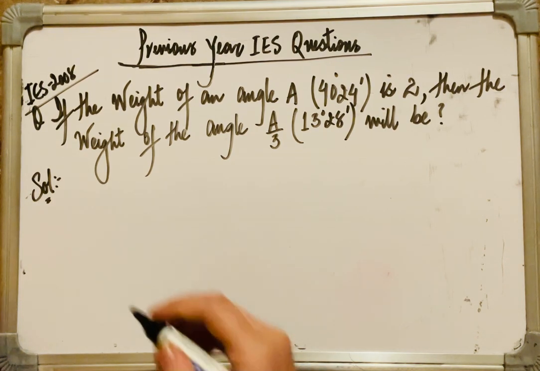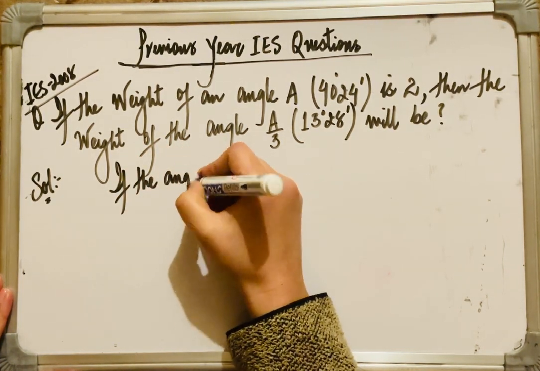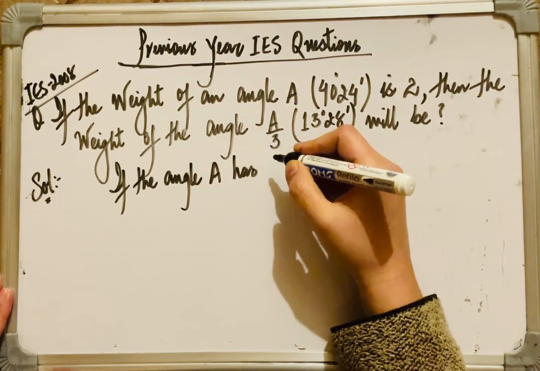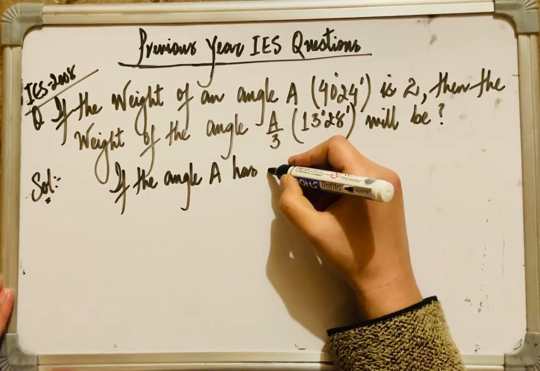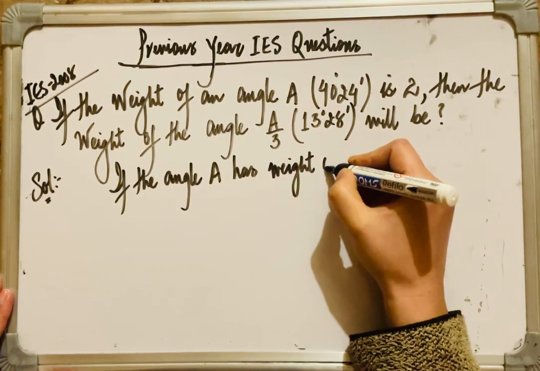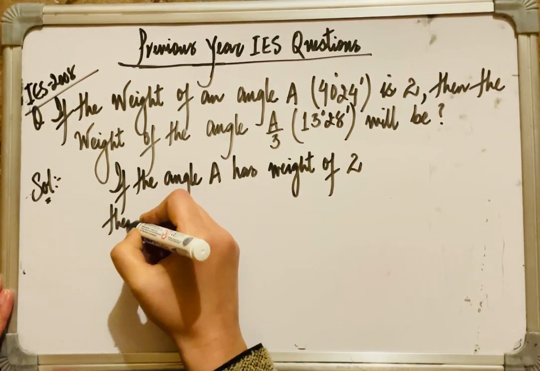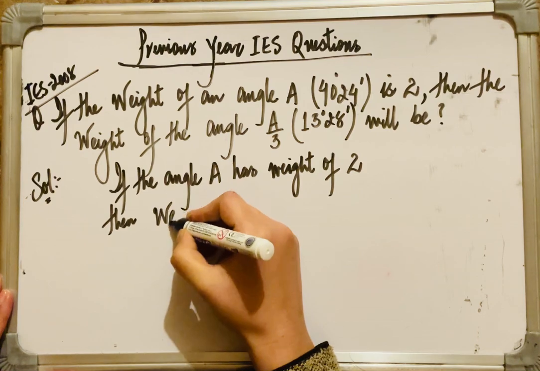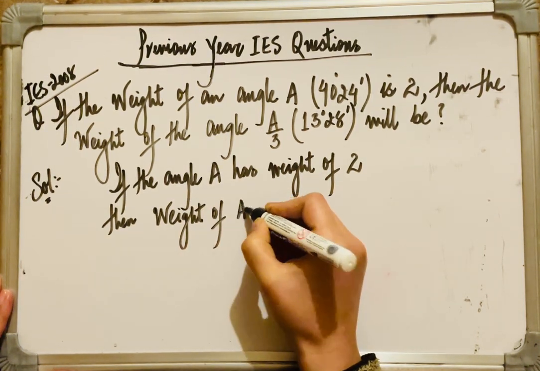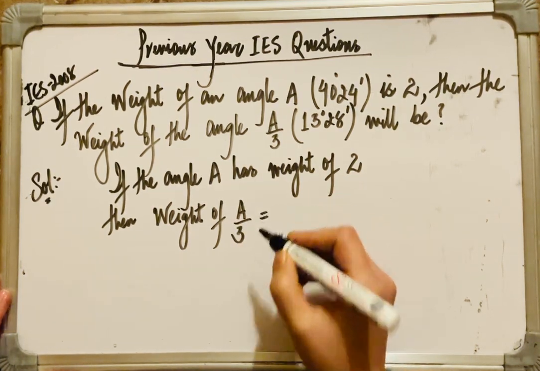All right. So if the angle A has a weight of 2, according to the question, then the weight of A by 3 will be how much?